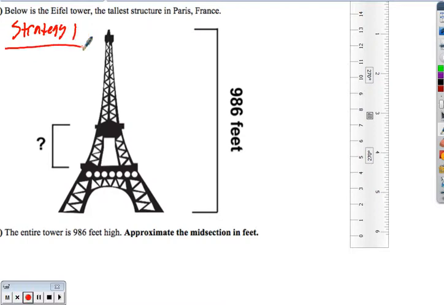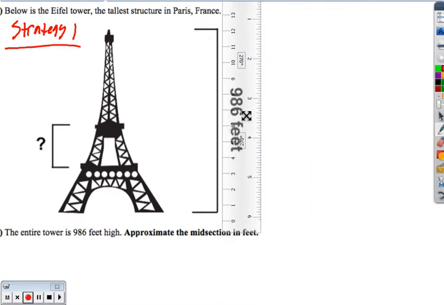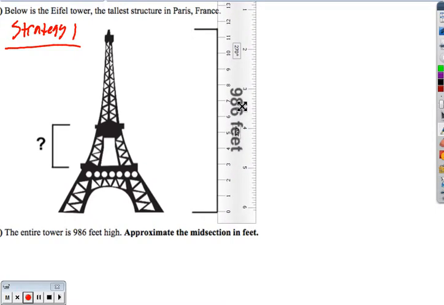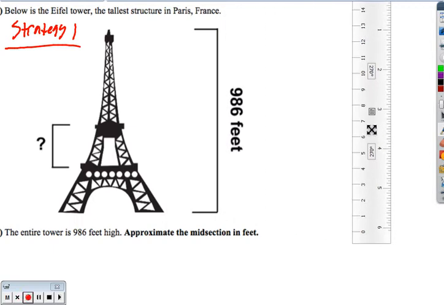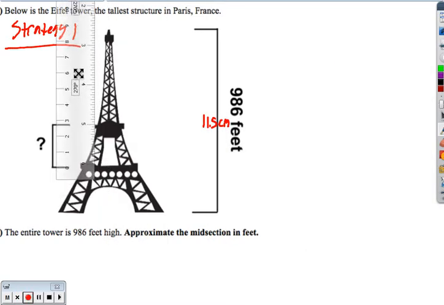Just call this strategy number 1. Most students took their rulers and decided to measure first the actual height of the Eiffel Tower in centimeters. If you measure that, it's about 11.5 centimeters. Then they also measured the midsection here, and it's about 2.7 centimeters.